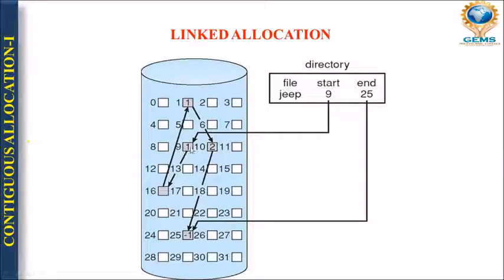Then from 9 it goes to 17, so the second location is 17. From 17 it goes to 1, which is the third location for storing your file. After that it goes to 2, and after that it goes to -1. Here -1 shows that it is the end of the file.